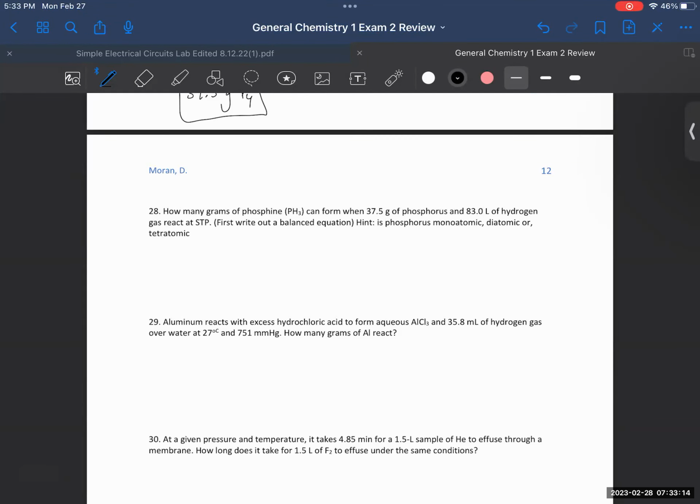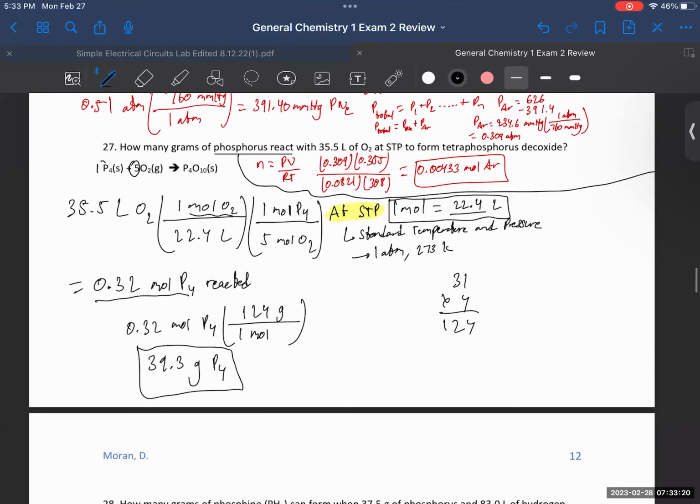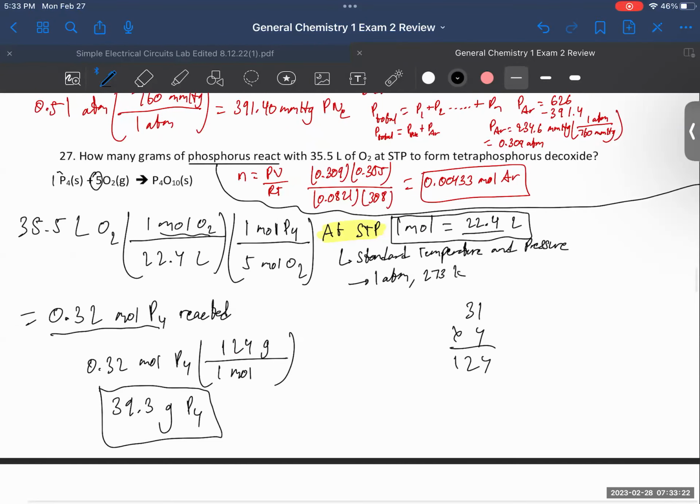Yes, how'd you know we didn't have to use any of those equations? Is it because we weren't given enough variables or something? I mean, that and partially the fact that we're given liters and STP. So this gave it away for me right here. Then I could use 1 mole equals 22.4 liters. So how does STP change the question? I mean, really, it's like doing the same thing.